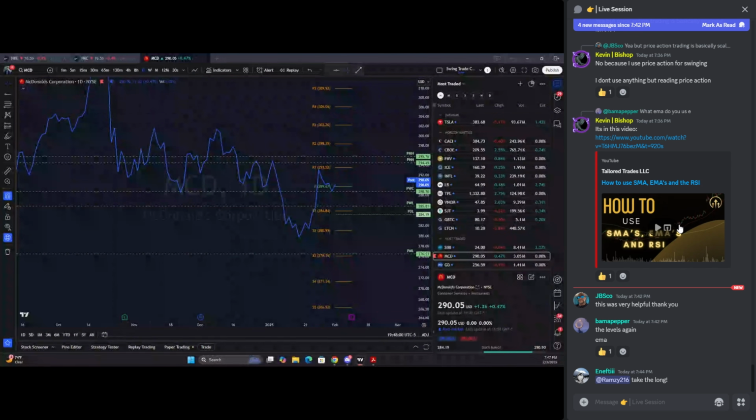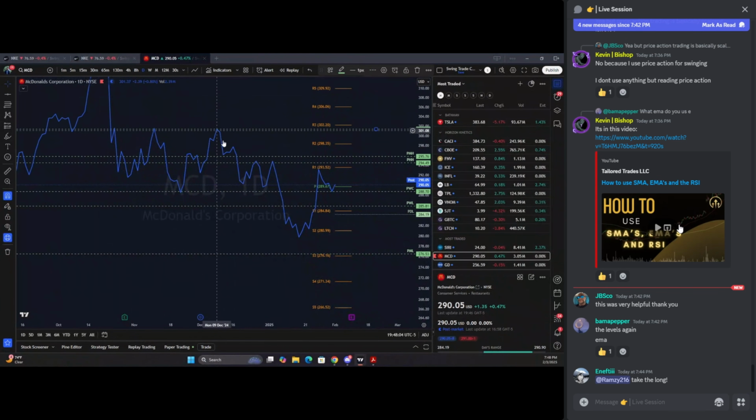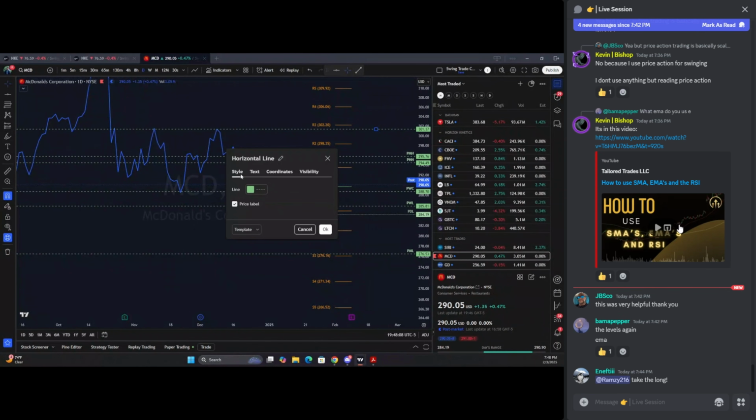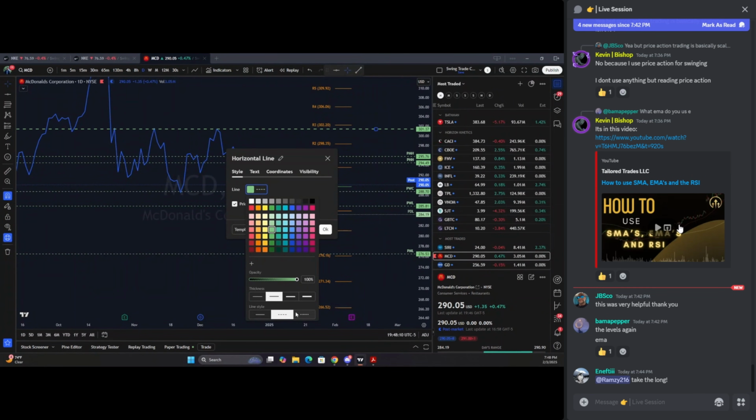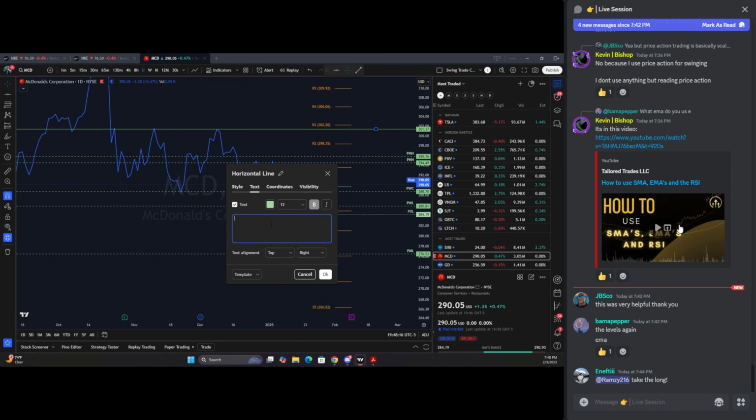You can't just figure it out by hoping that one day you're going to keep drawing levels and eventually one's going to work out and you're like, okay, I should draw more levels like this. Why not shave off all that learning time? Sometimes it might take less than an hour or even 30 minutes. Just go onto a few stocks, go onto previous data, like yesterday's or last week's, and look at the bigger time frame.